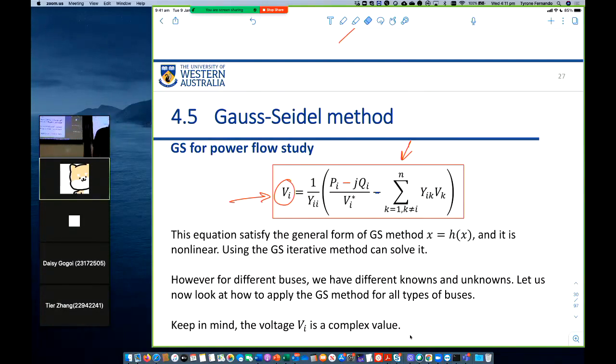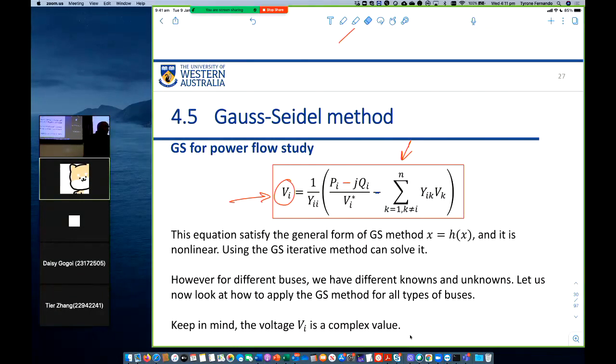In this equation, n is the number of nodes, which is 2. So you have this general equation. You know what little n means, the number of nodes. You know what i means.